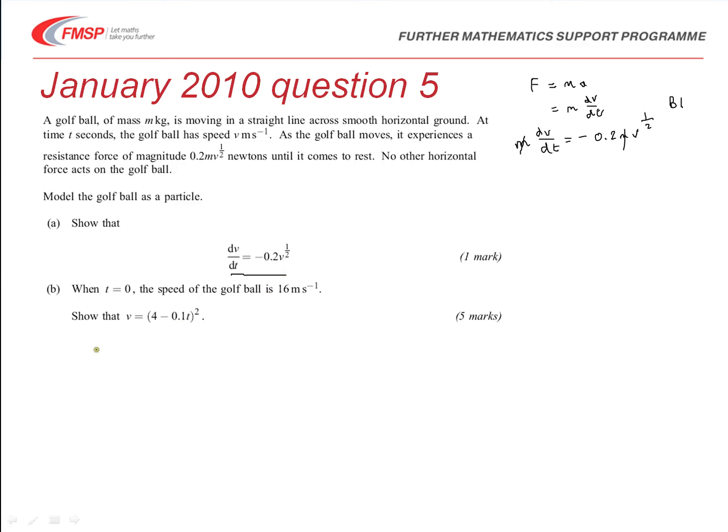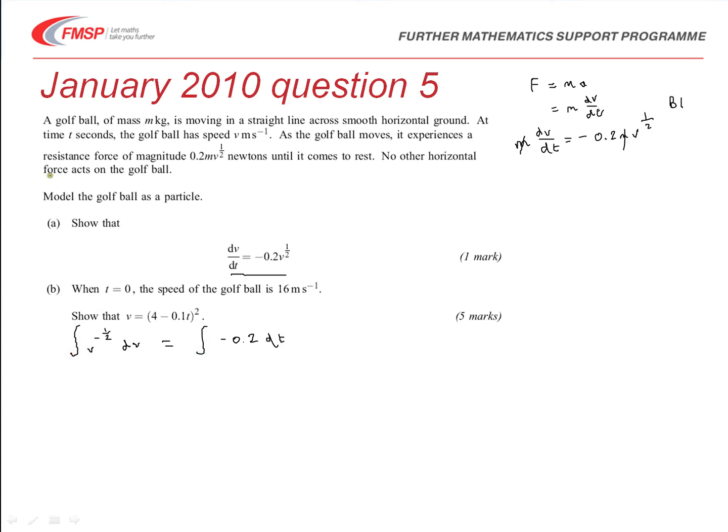If we separate the variables, we will get v to the power of minus a half, bringing the v to the half to the same side as the dv, equals negative 0.2 dt. And then to make that an appropriate piece of mathematics, we need to integrate both sides.